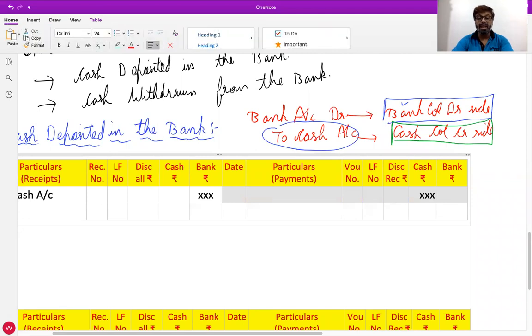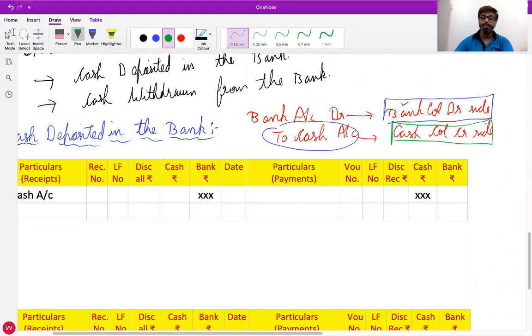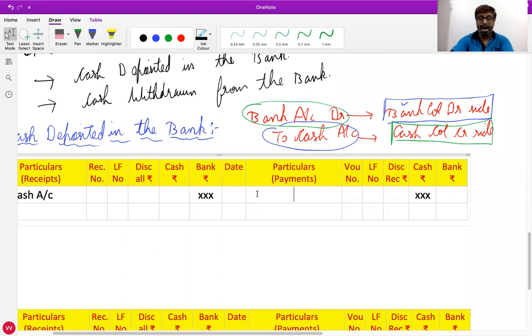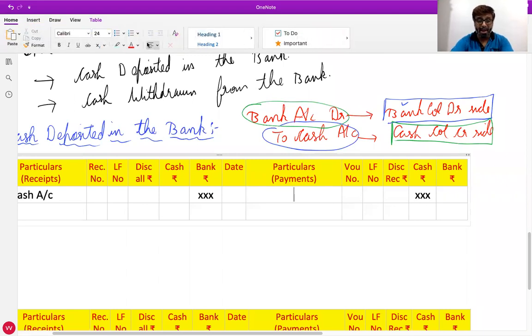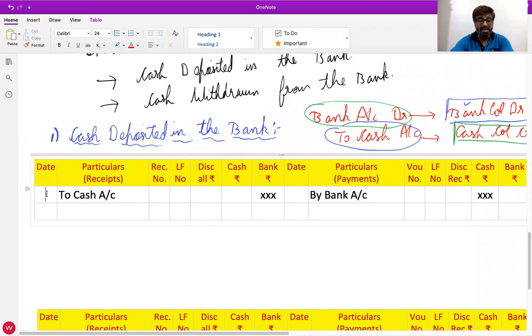Now what is the name of opposite account to cash account? By bank account. So in particulars you will write by bank account. That is the name of opposite account. And then whatever is the respective date, that will be recorded. And in LF column you will write C.